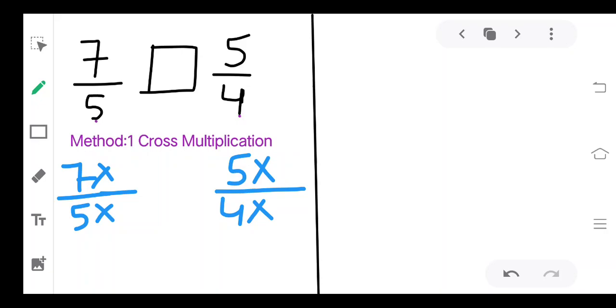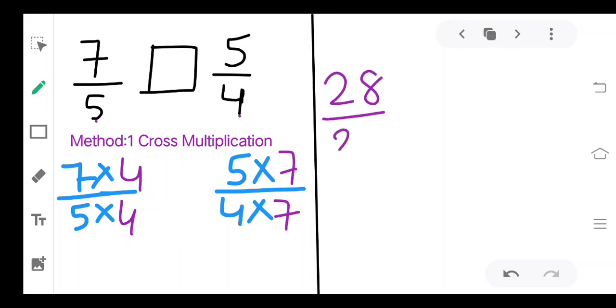So I am going to multiply the first with 4 and the second with 7. Now, 7 4s are 28, 5 4s are 20. Same, 5 7s are 35, and 4 7s are 20.